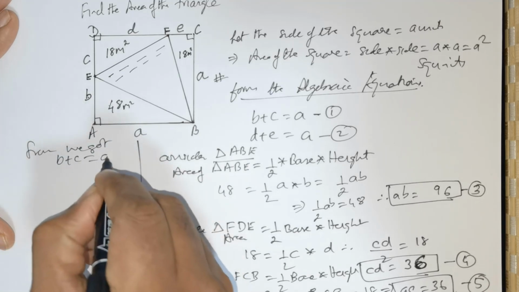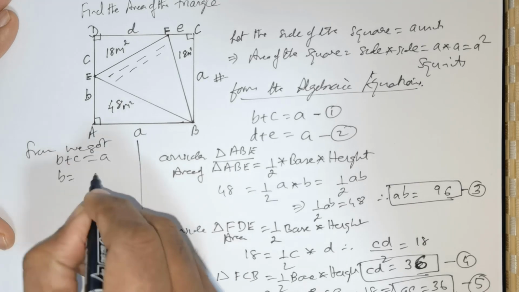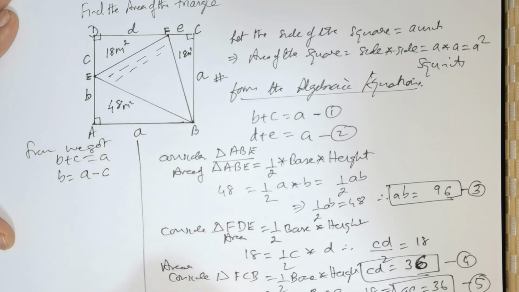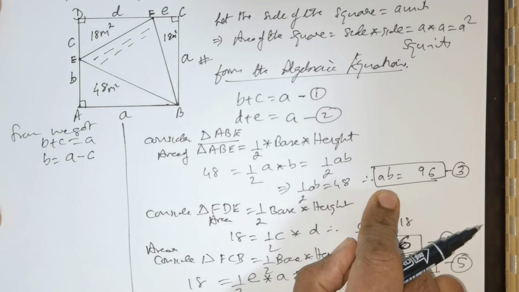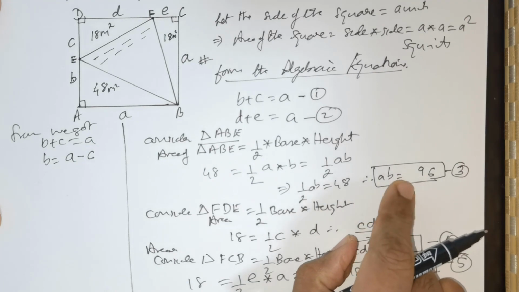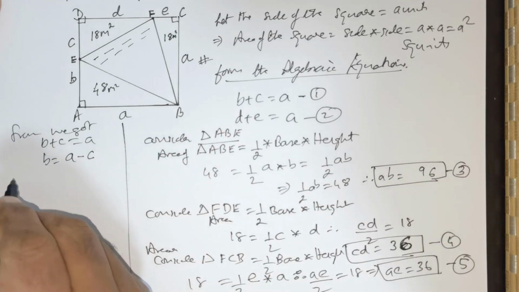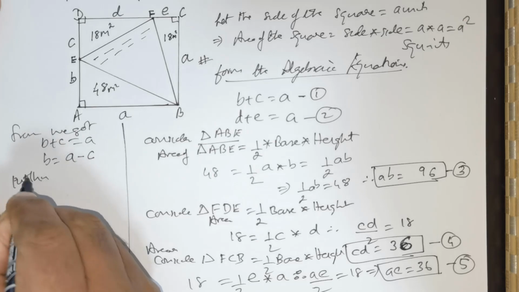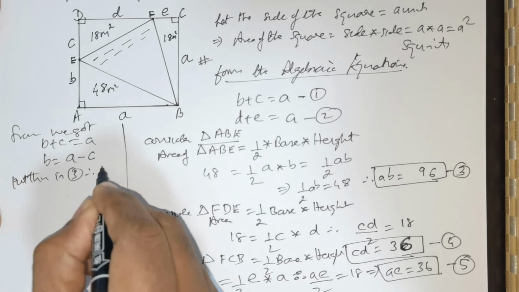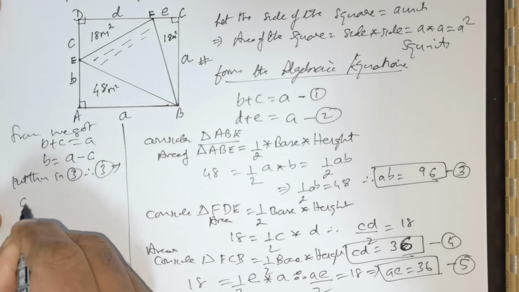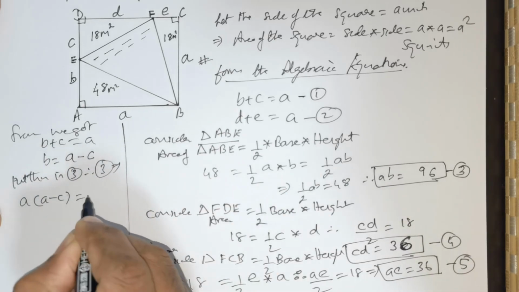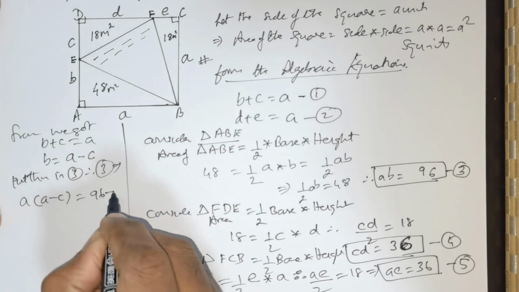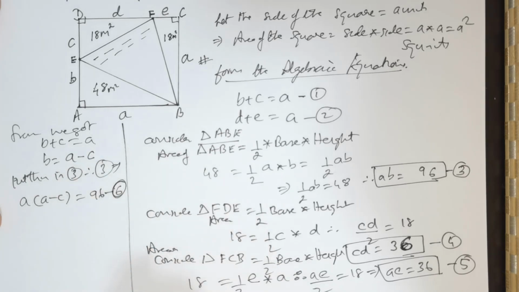We got B plus C is equal to A, and then B is equal to A minus C. I'm going to take this value of B and substitute it in 3. So therefore 3 becomes A times, in place of B, A minus C, is equal to 96. I'm going to take this as 6.